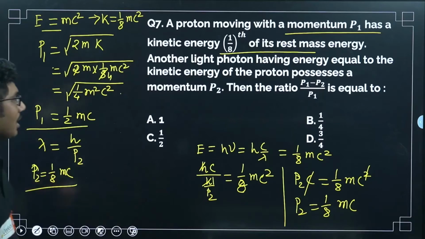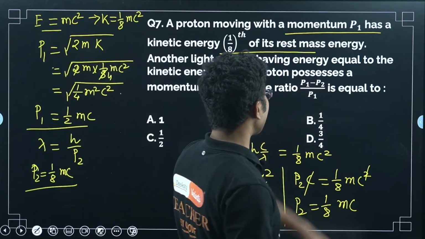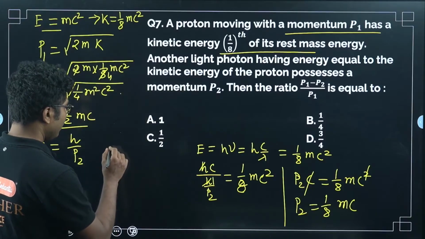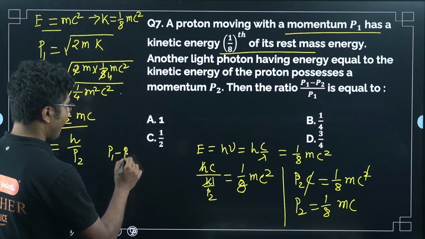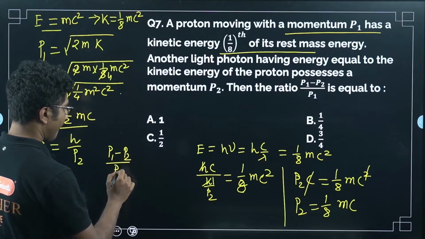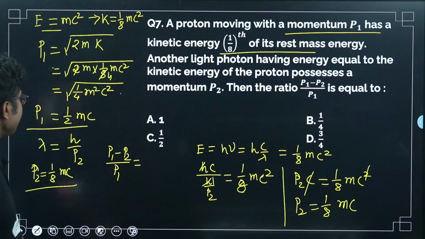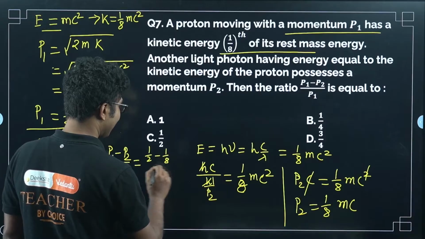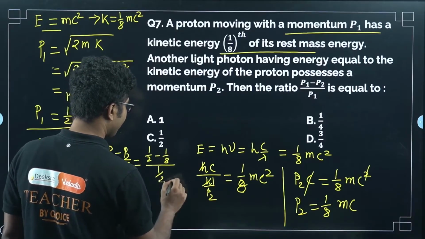We already know P1. Now we have to calculate P1 minus P2 by P1. Okay, so what is P1 minus P2? P1 minus P2 is half minus 1 by 8, mc will cancel from both sides, right? So we can write this as half minus 1 by 8 divided by half.